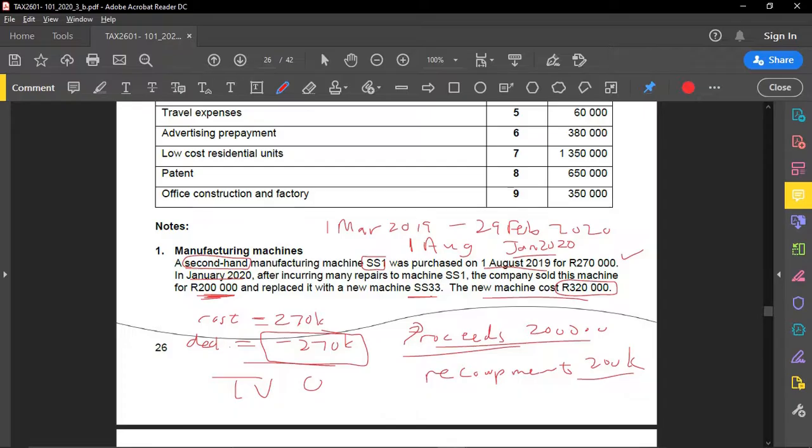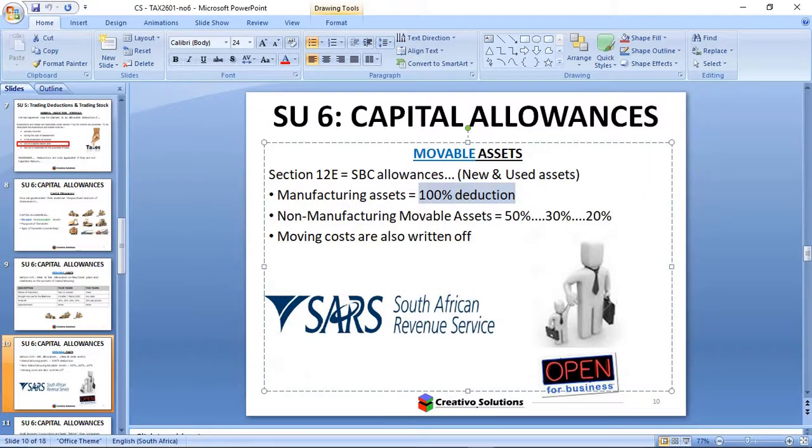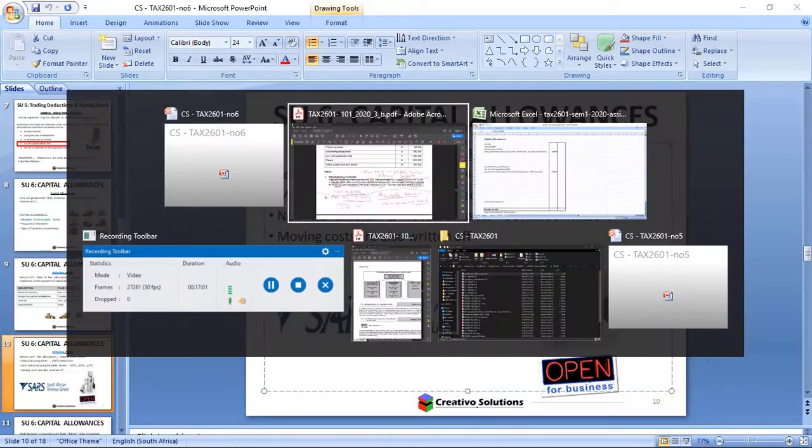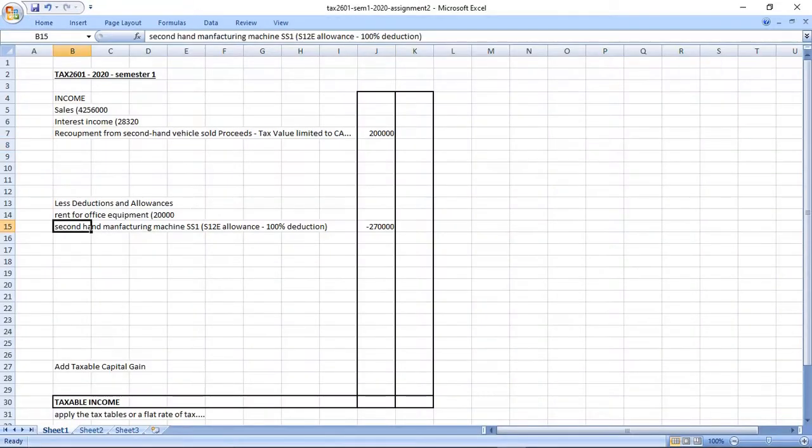If we go back to the question, this machine is going to be used for manufacturing because you're replacing the old manufacturing machine with the new one. So 320 will be seen as a capital allowance. Go back to here, copy paste. New manufacturing machine SS3, Section 12E allowance, 100% deduction, minus 320,000.